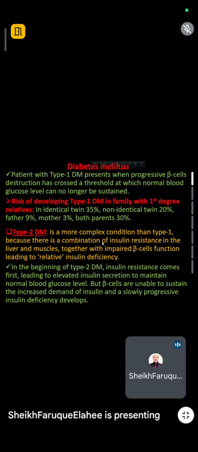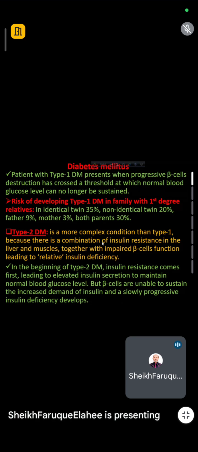Now, why does this resistance occur in the body? I tell you. In the beginning, when type 2 diabetes occurs, there is insulin resistance. Insulin resistance means not all the insulin is resistant.